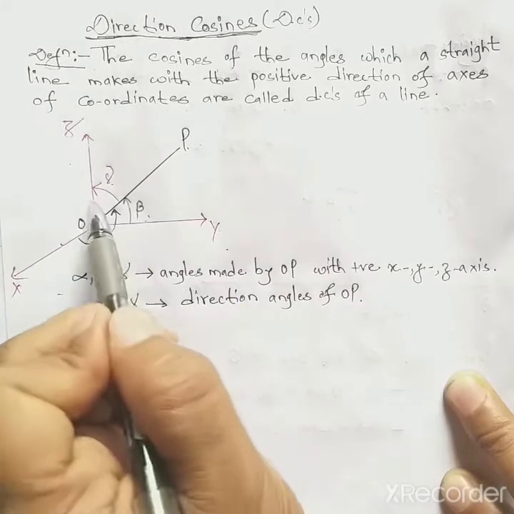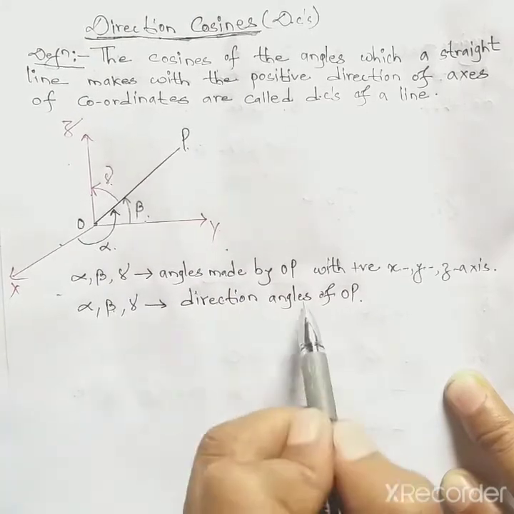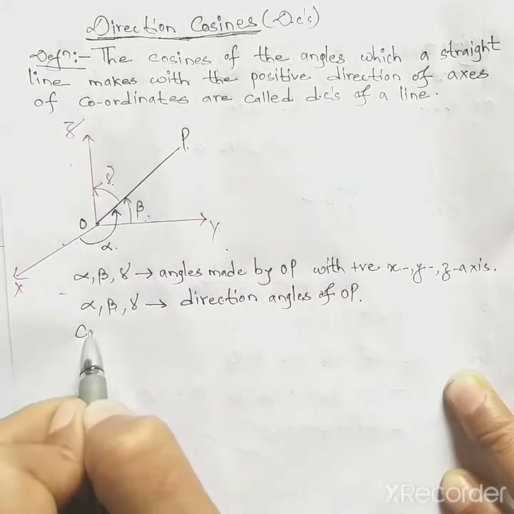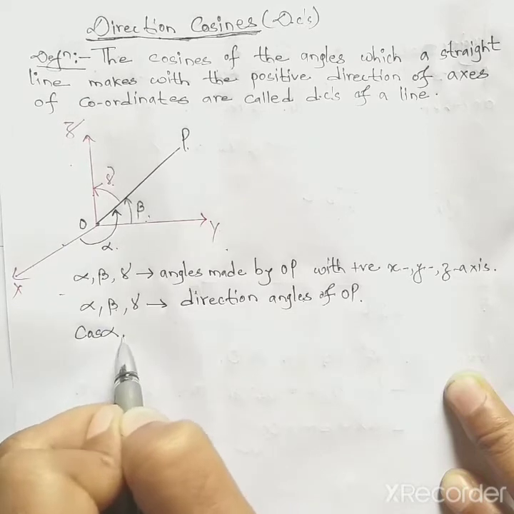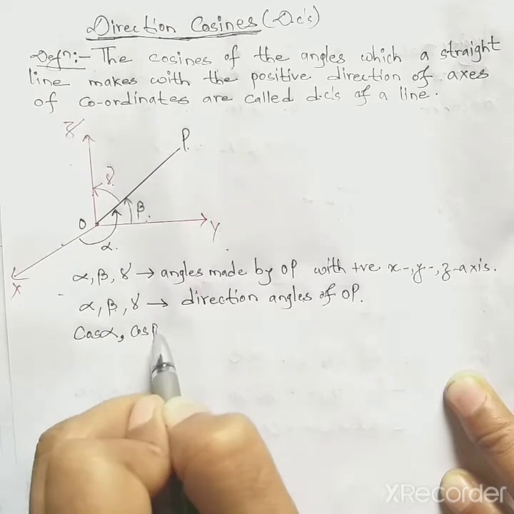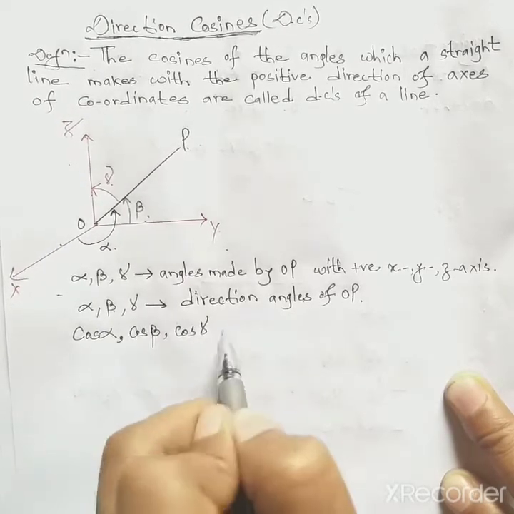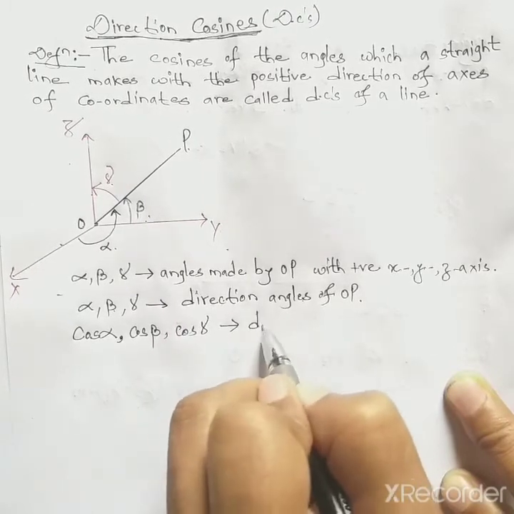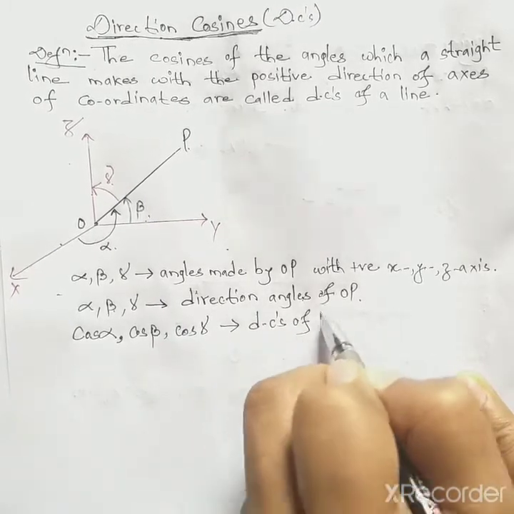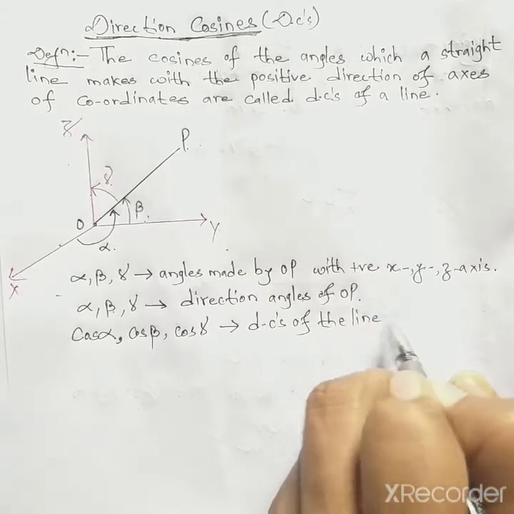So these angles alpha, beta, and gamma, which are made by the line OP with the positive x, y, and z axis, are called direction angles, and the cosines of these direction angles, which is cos alpha, cos beta, and cos gamma, are called direction cosines of the line OP.